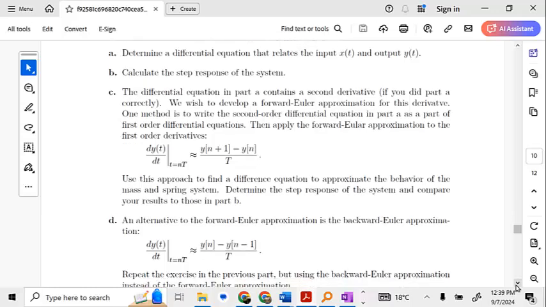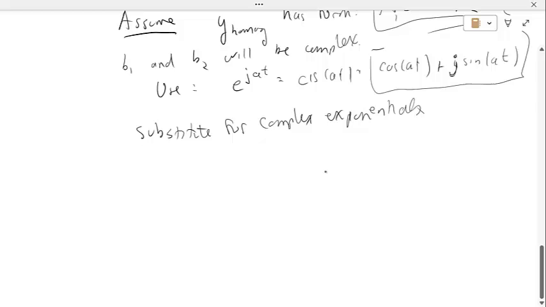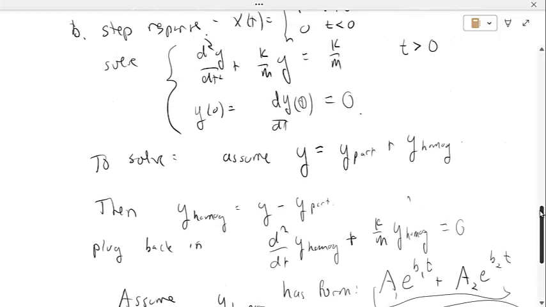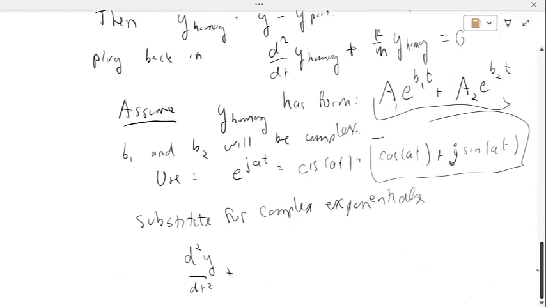Okay. All right, so what you do here is I can write this as, so my equation here was d squared y dt squared plus, what was it, k over m or m over k? K over m. y is equal to k over m. So I'm going to break this up into two equations.